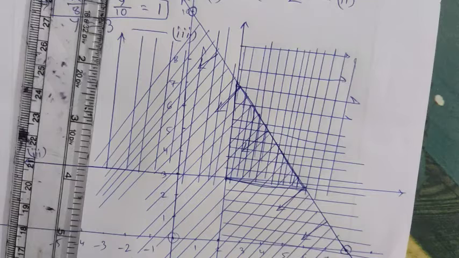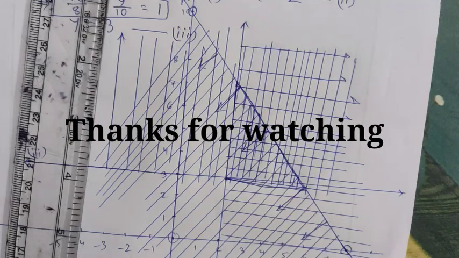Hence, the solution of the given system of linear inequations is the common shaded region in the adjacent figure. All the points in that common region will be a solution of the given system of linear inequations. And in this way you have to solve a system of linear inequations graphically.